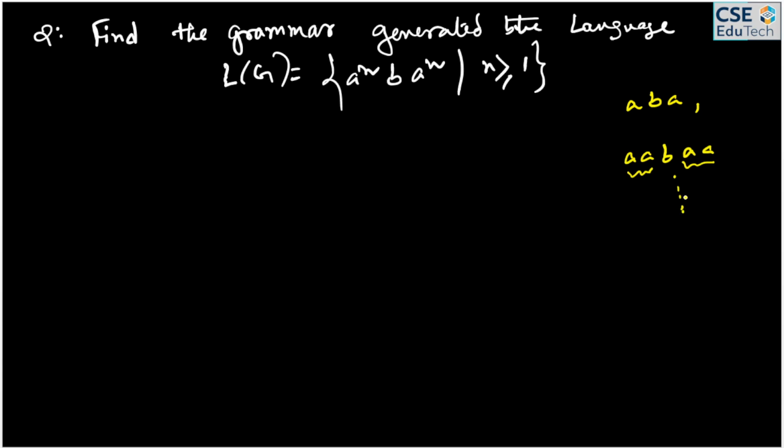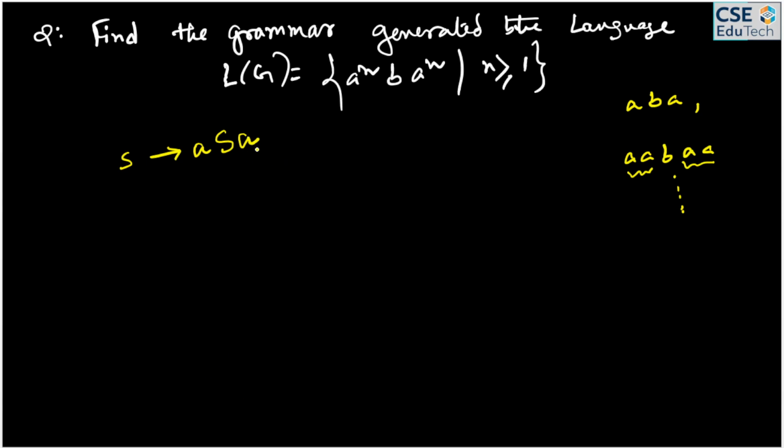So how can we write the grammar? Grammar means actually you have to write the production rule first. So what will be the production rule? Look here, we start from here. So S can generate a S a, right?